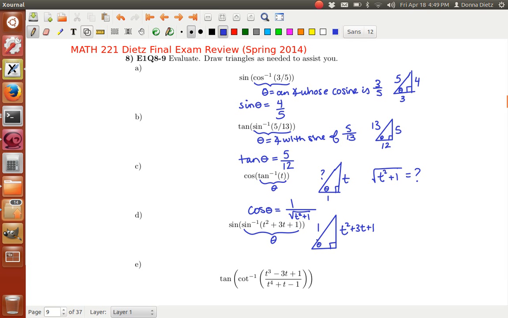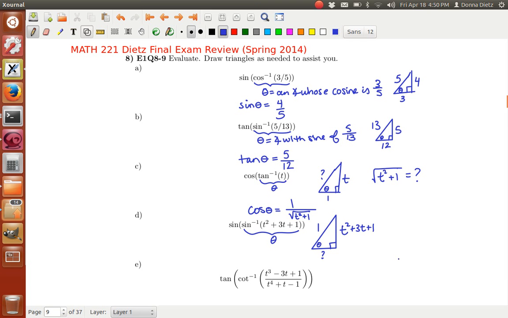Sine is y over r. Then what is down here? I don't know. Who cares? It doesn't actually matter what's down there. You can solve for it. It's completely pointless. It will be the square root of 1 minus the quantity t squared plus 3t plus 1, squared. It's just a royal mess.